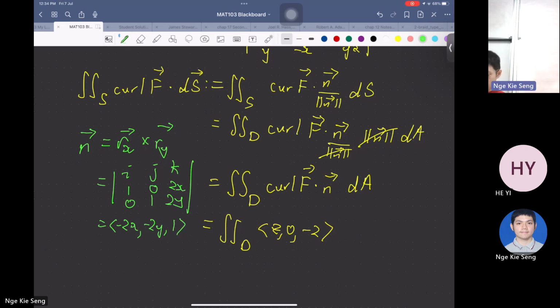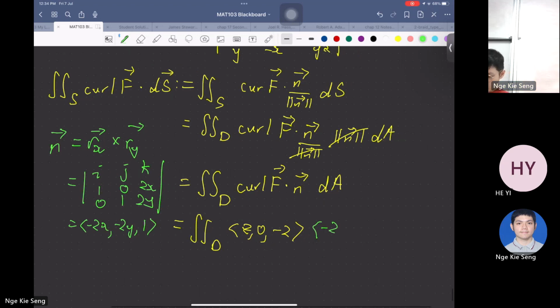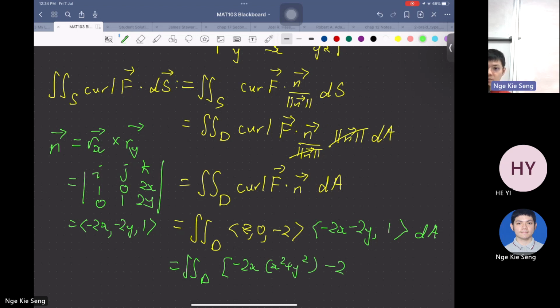So we dot this normal with our vector field, dA. All together, what do we have? Minus 2x, x squared plus y squared minus 2. But just now we turned our domain into polar coordinates, so we can compute the multiple integral in polar coordinate form.